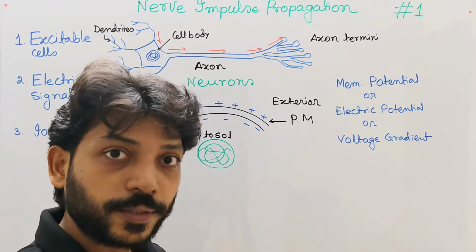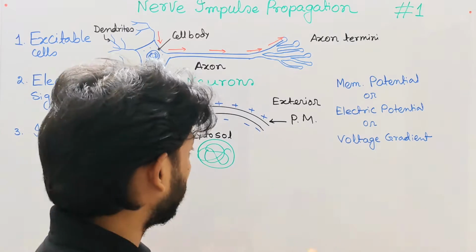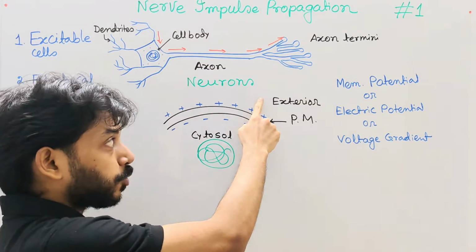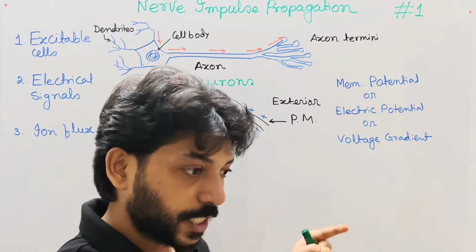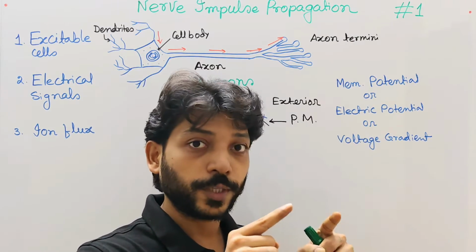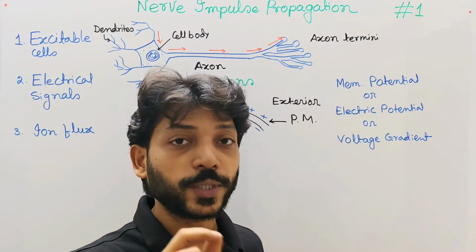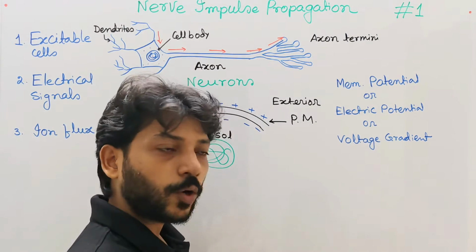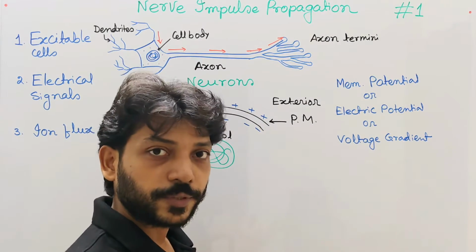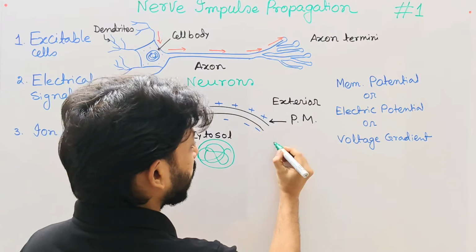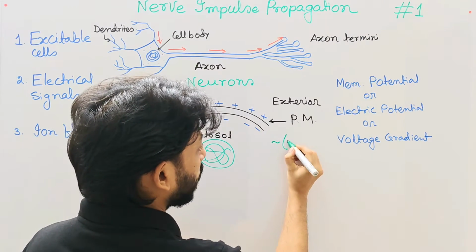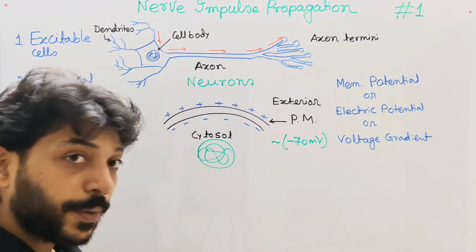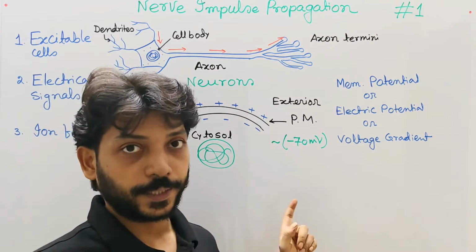Now if you insert a microelectrode inside this cytosol and keep another microelectrode outside of the cell and connect these two microelectrodes with a potentiometer or voltmeter, you will get a reading. In normal cells or resting cells like resting nerve cells or resting muscle cells, you will get an approximate value of minus 70 millivolt. Now this value is the membrane potential of the cell.